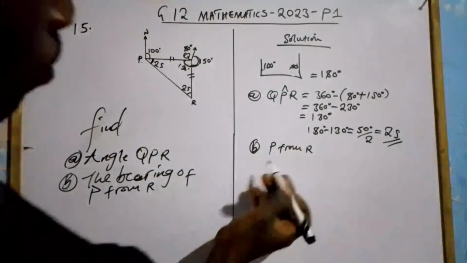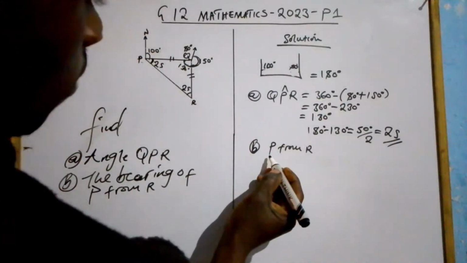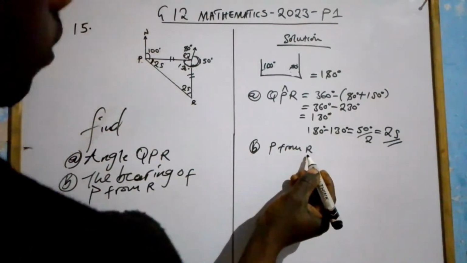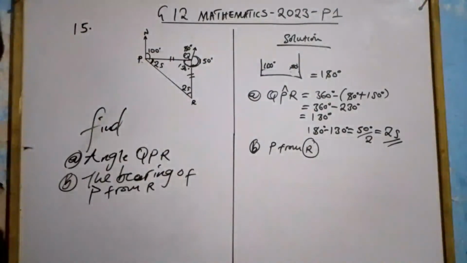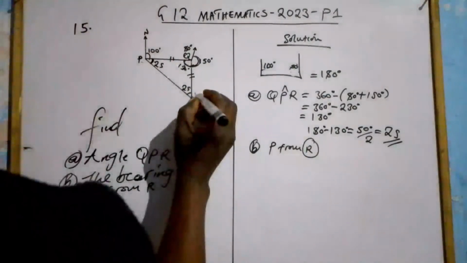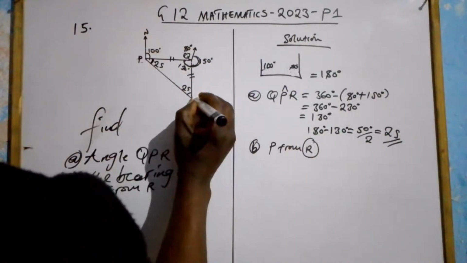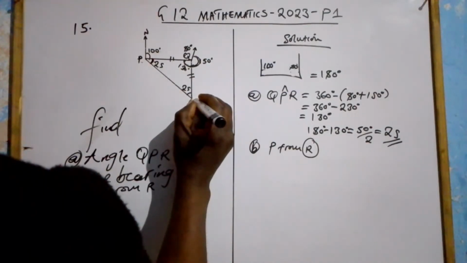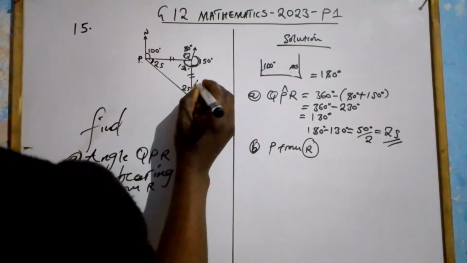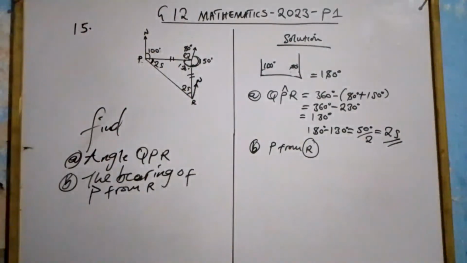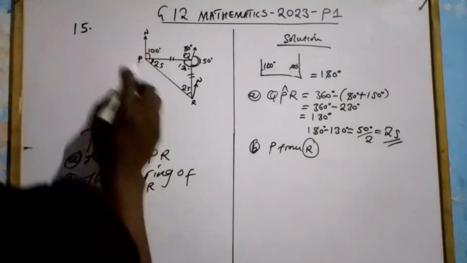To make it simple, if they say find the bearing of P from R, that means we are going to draw our north from R, in which this north will be like this. We are going to build a north here, okay? And we have to find the bearing of P from R.